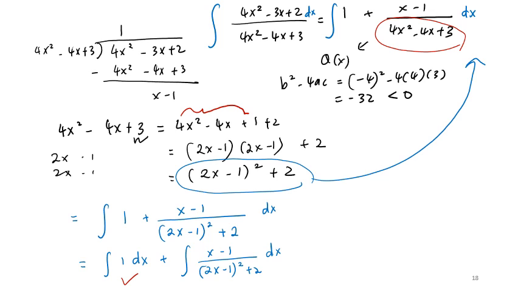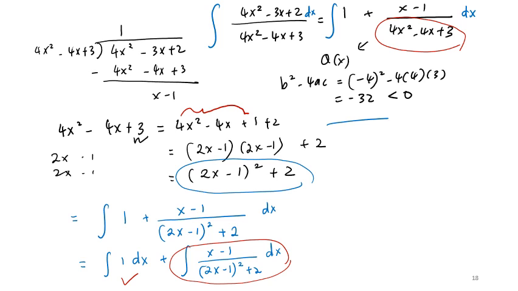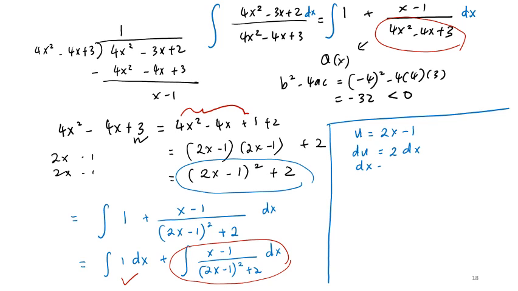Integrating 1 with respect to x, you get x. But for this other part, you need to do some u substitution. So let's do that. Let u equal 2x minus 1, then du equals 2 dx, thus dx equals du over 2.